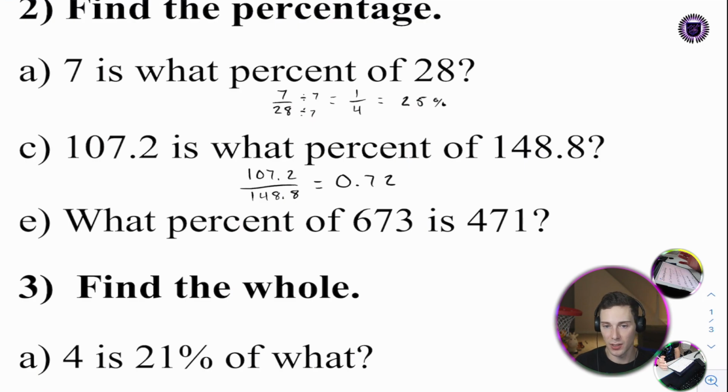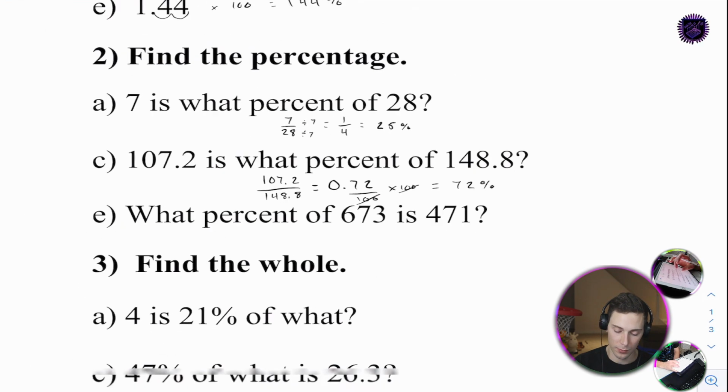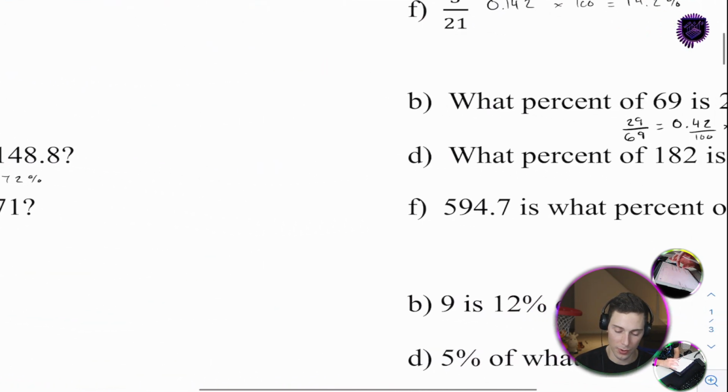Rounded to the nearest hundredth, approximately 0.72. Write that over 100, which, when you multiply that by 100 and cancel those out, is going to be equal to 72%.